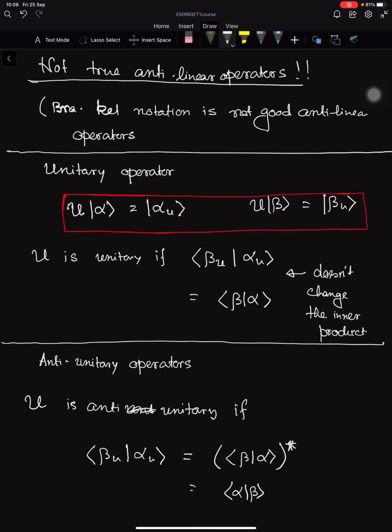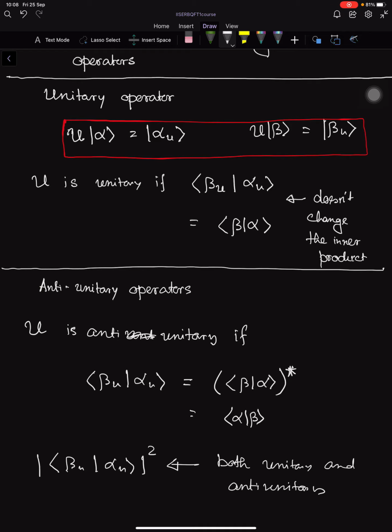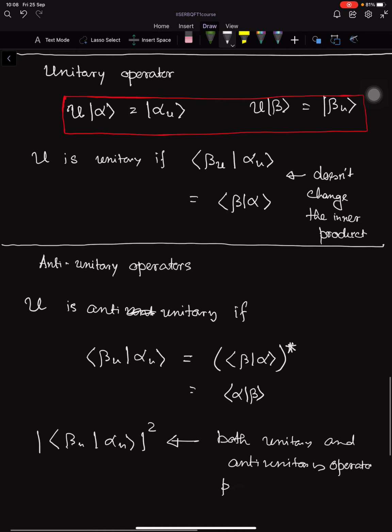Okay, again it complexifies. So it actually doesn't preserve the inner product, but if you compute this quantity, both unitary and anti-unitary operators preserve it. And the interpretation is clear that this is related to the probability amplitude, so we will see it later.